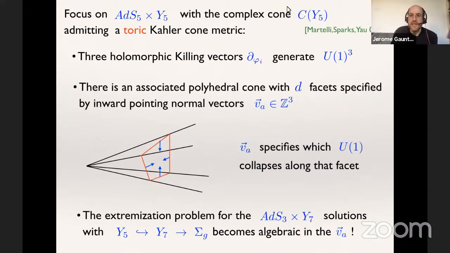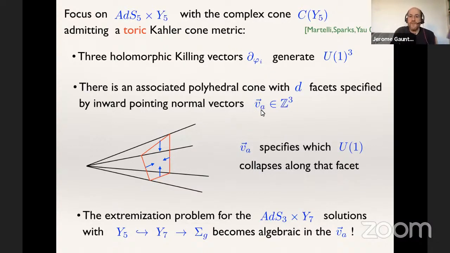It means that the threefold has three commuting Killing vectors. And there's beautiful toric geometry associated with this setup. The geometry of this Kähler cone can be specified by a polyhedral cone. I've drawn it there. There's a bunch of inward pointing normals to each of the facets.